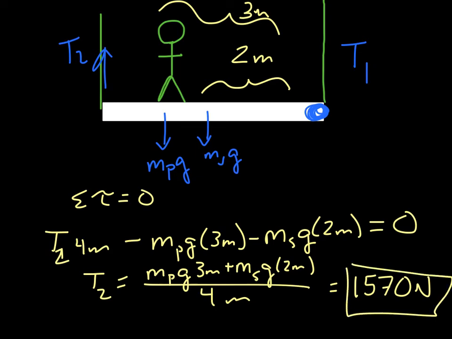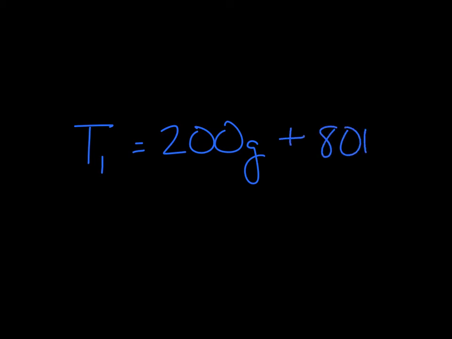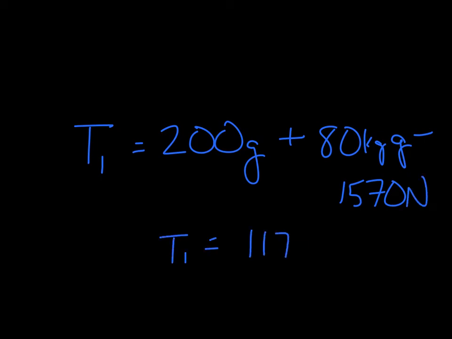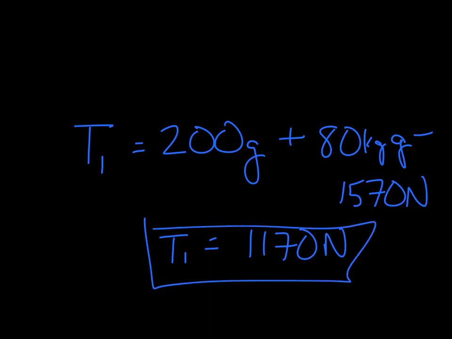So we plug this into the previous equation, and from before, T1 was equal to 200 times G, mass of the scaffold, plus 80 kilograms times G, minus 1570 newtons, and you get that T1 equals 1170 newtons. So use one equation, solve for the variable, plug it back. This pattern happens a lot.